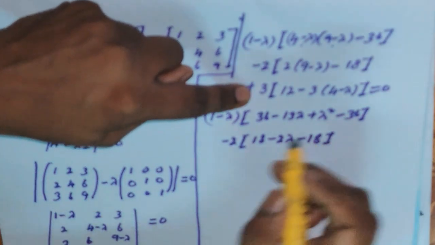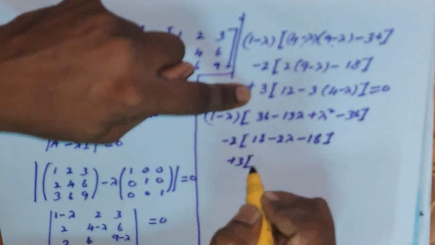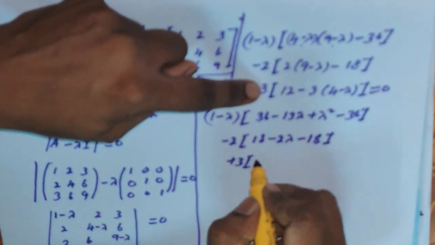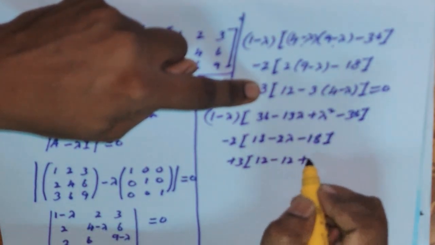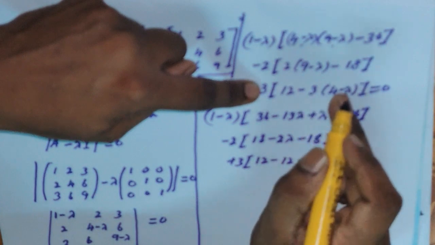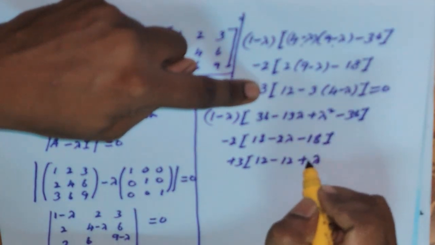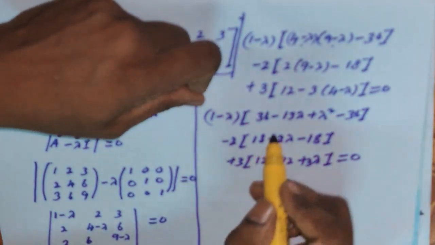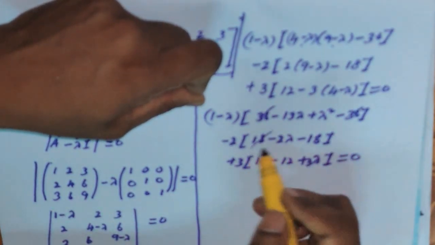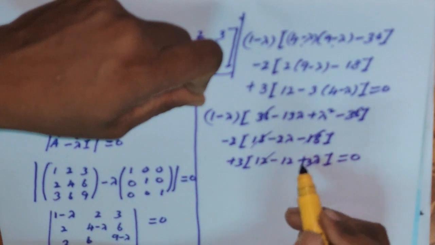Then keep the 3 outside and solve inside: 12 minus 12 plus 3 lambda. This bracket goes to 0. Now cancel 36 with 36, 18 with 18, 12 with 12.